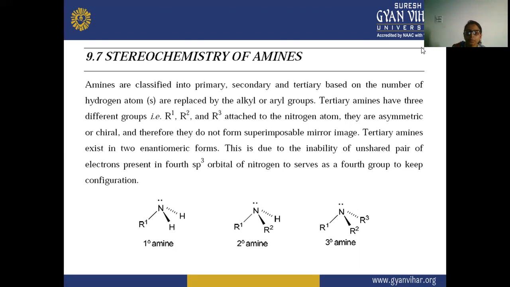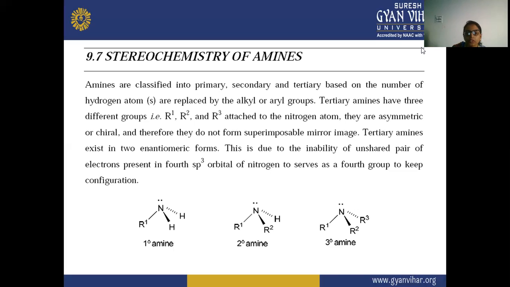They are asymmetric, meaning all three alkyl groups attached to the tertiary nitrogen are different, so they are chiral, and therefore they do not form superimposable mirror images. They are not superimposed on each other.